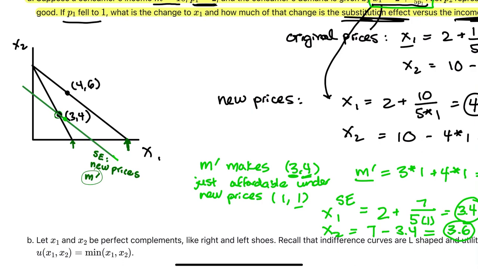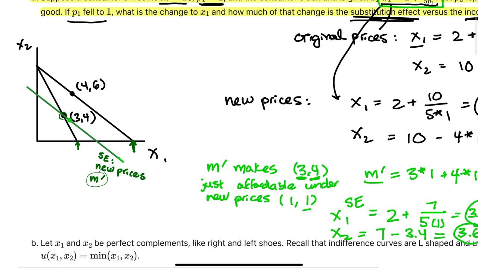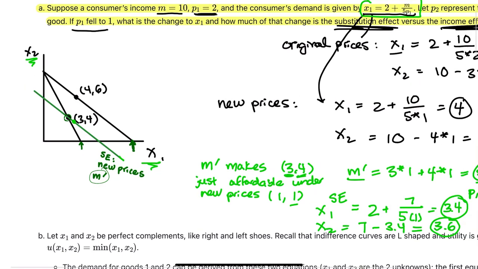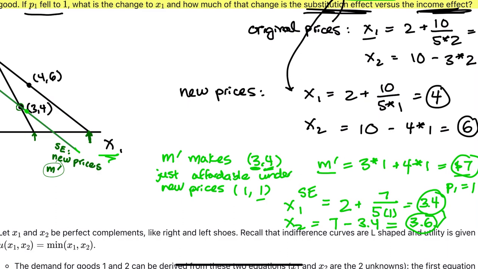And a little bit less of good 2, which makes sense because substitution effect said X1 got relatively cheaper, so we bought more of it. X2 got relatively more expensive, so we bought a little less of it. And so that's the substitution effect, going from 3.4 to 3.4, 3.6.